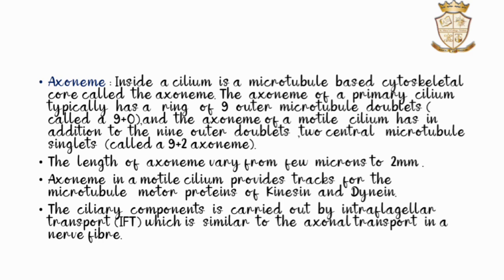The length of the axoneme varies from a few microns to 2 millimeters. The axoneme in a motile cilium provides tracks for the microtubule motor proteins kinesin and dynein. The transport of ciliary components is carried out by intraflagellar transport, which is similar to axonal transport in a nerve fiber.